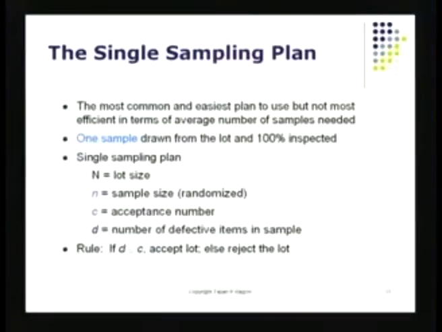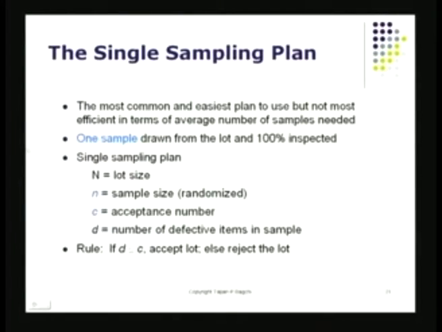It's been worked out keeping in mind AQL, RQL, and the 2 risks, the consumer's risk and the producer's risk. Those 4 items together will determine this n and C. Let's see how we do that.